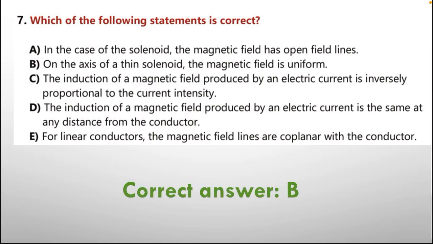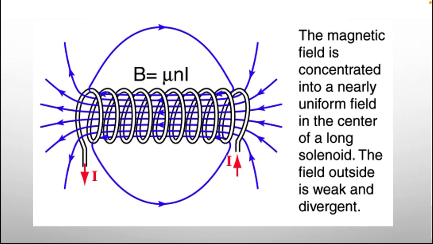So option number B is correct. On the axis of a thin solenoid, the magnetic field is uniform. But here's how. This is a solenoid. The magnetic field is concentrated into a nearly uniform field in the center of a long solenoid. The field outside is weak and divergent. So within a solenoid, there is a uniform magnetic field.